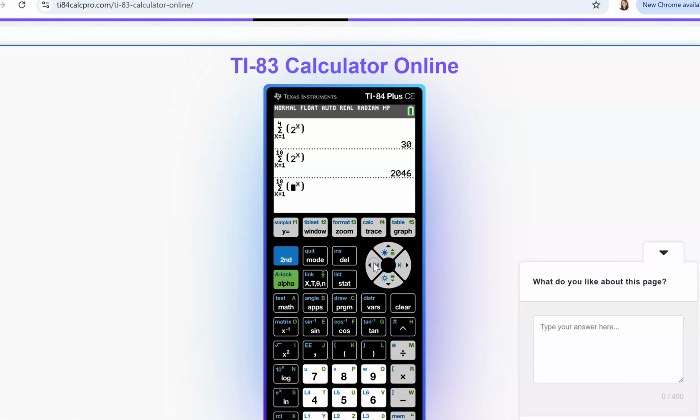Then this next one, just going to go to 20.